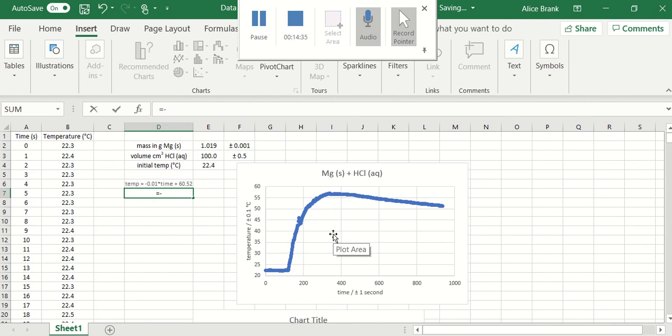I'm going to type it. Negative 0.01 times 120 seconds plus 60.52. And that's going to give me the what? Maximum temperature.